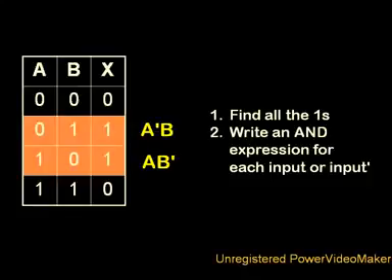Notice that no other row would A NOT B give me a 1. Now in the other row, I have A and B NOT that yields a 1. Again, no other row in the circuit A and B NOT would yield a 1.